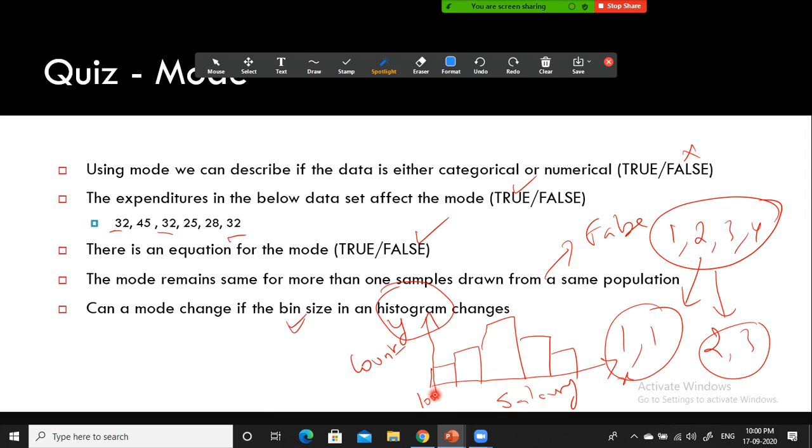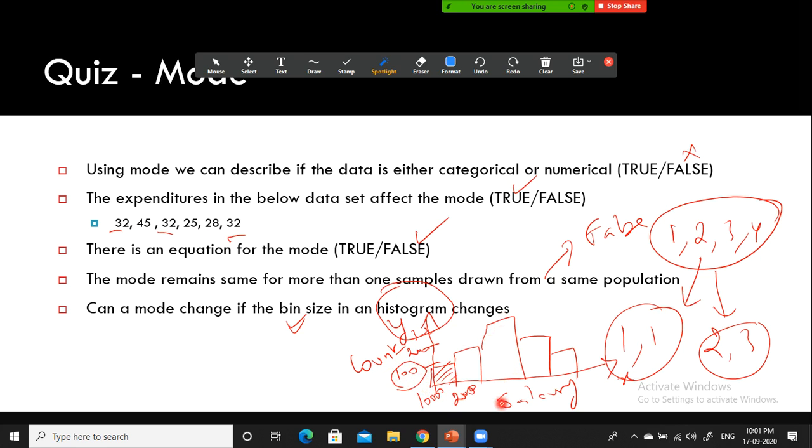For example, salary: 10,000 to 20,000 is one interval or bucket, right? Those employees drawing salary between 10,000 to 20,000. Here you have the count, 100, 200 and 300. The employees drawing salary between 10,000 to 20,000 are 100 employees.